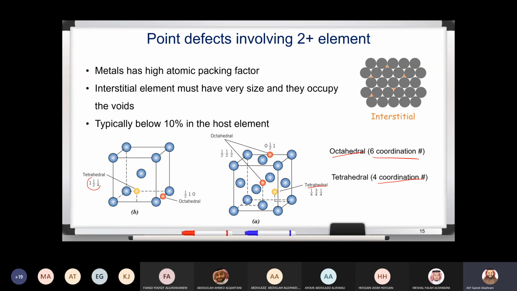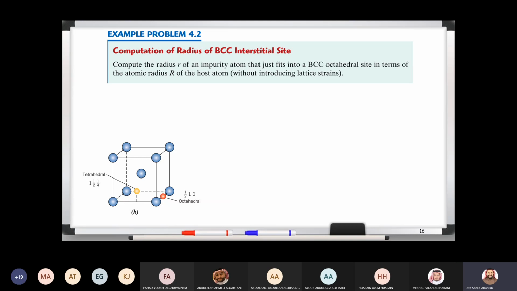Let's try to solve an example and apply this knowledge. For example, it says compute the radius r for an impurity atom that fits into a BCC octahedral site, in terms of the atomic radius R of the host atom, where capital R is the host atom in this case, without introducing a strain.